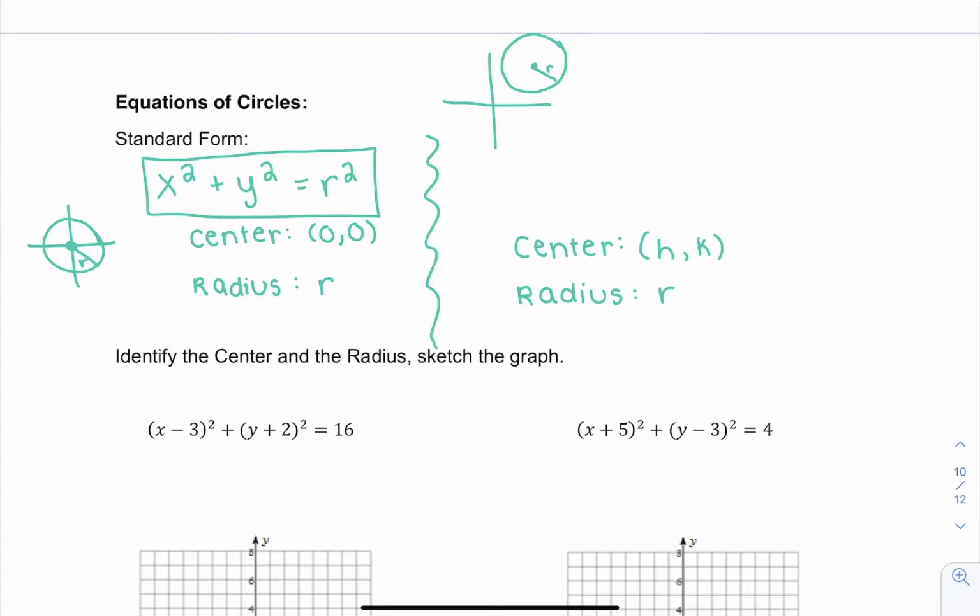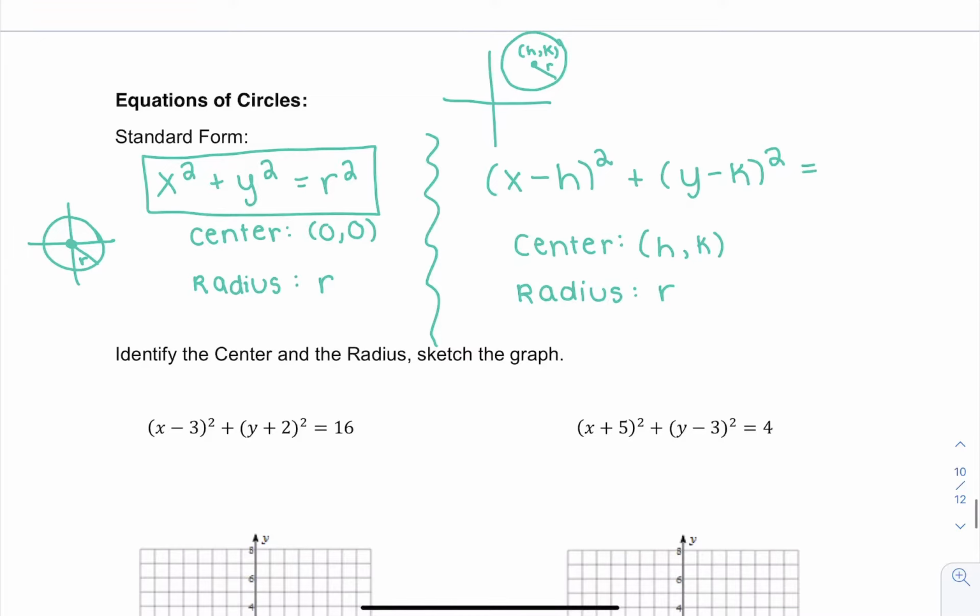So maybe we have our center h, k. Now, the equation for the circle in this case is going to be x minus h squared. Notice it's similar to x squared, but now we subtract h, plus y minus k squared equals, just like before, r squared.